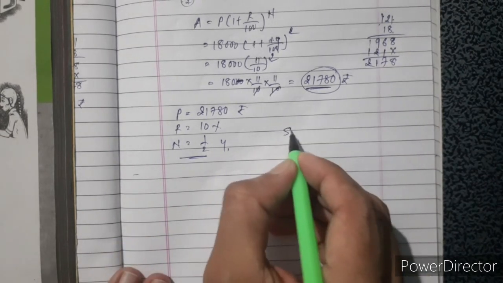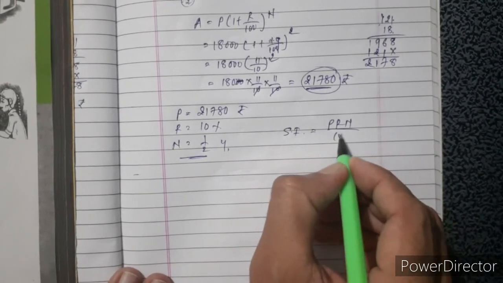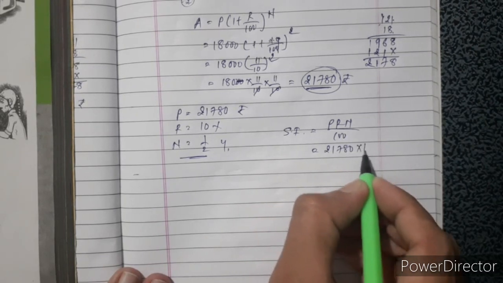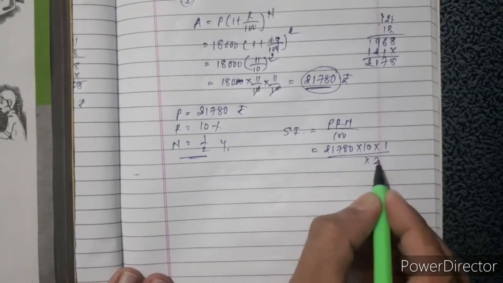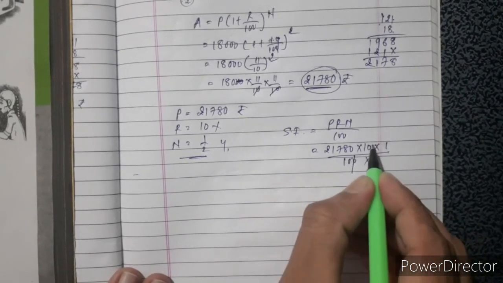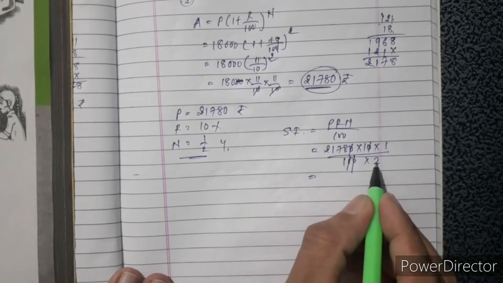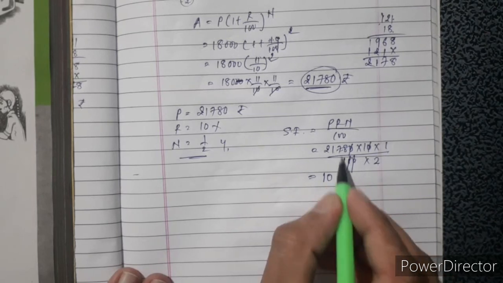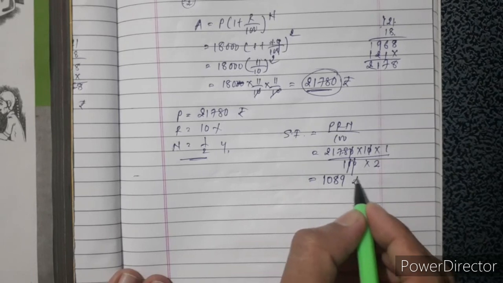So here you just use the simple interest formula, that is PRN upon 100, P equal to 21780 into 10 into N equal to 1 upon 2, means 2 is written at the downside, and 2 zeros, 1010 cut, 1010 cut. So 2178 divided by 2, 2 in 1 0, then 8 and 9 rupees.